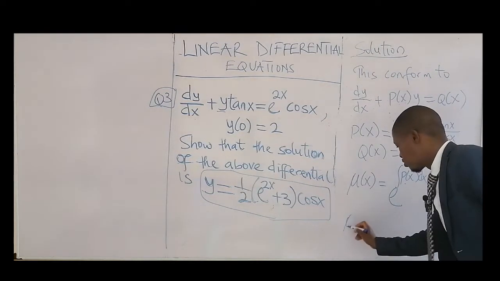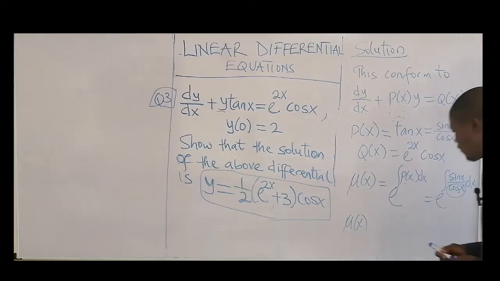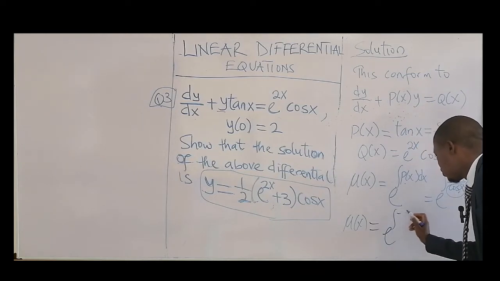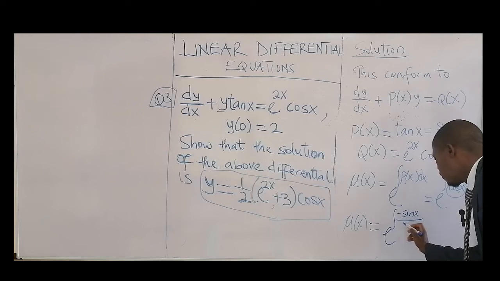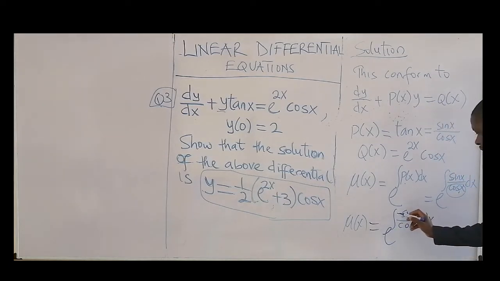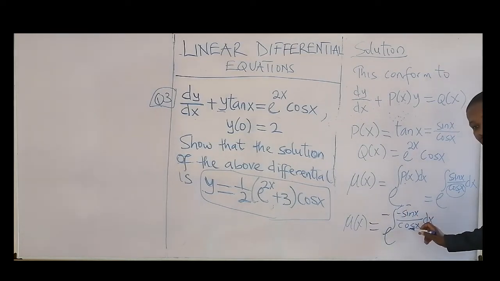So the integral factor will be equal to e to power minus sine x over cos x dx. So we are introducing minus here, so we need to cancel that outside. Then you can see that the numerator is equal to the differential coefficient of the denominator.